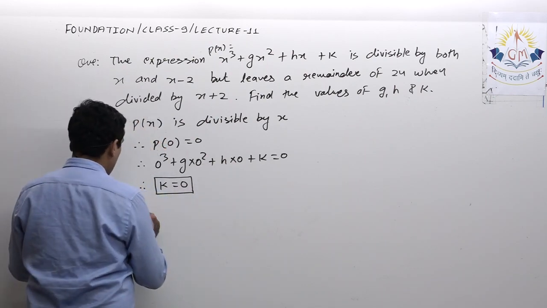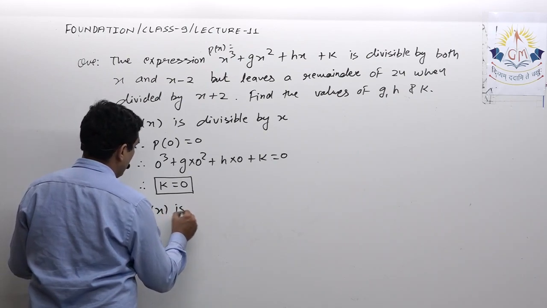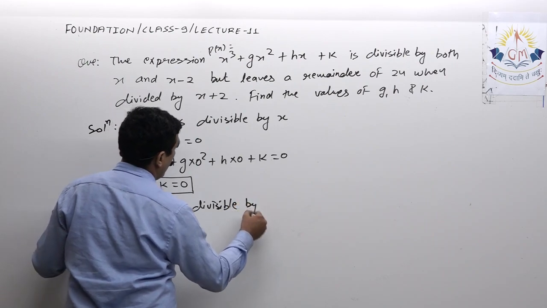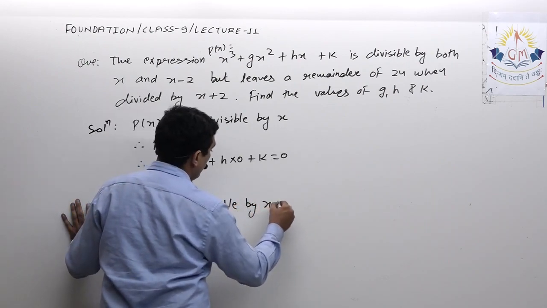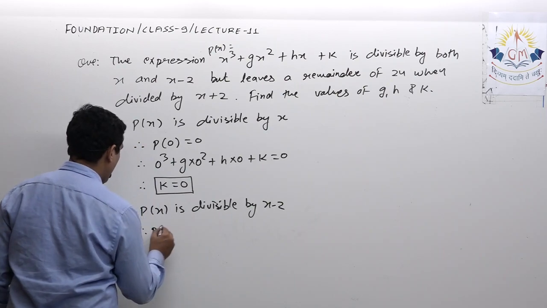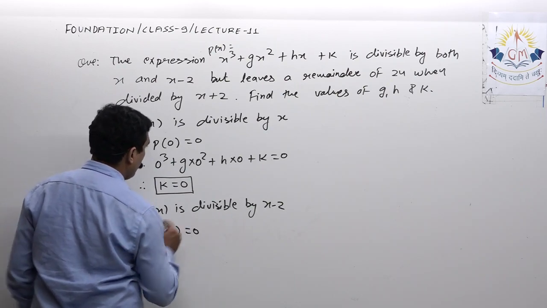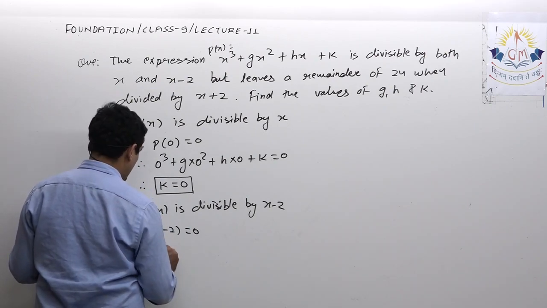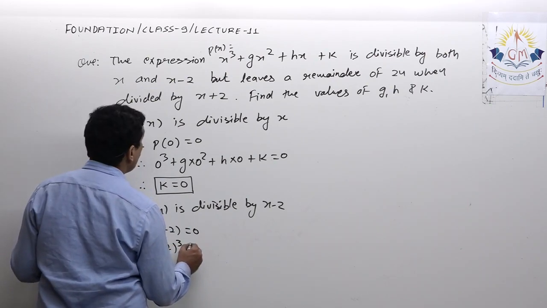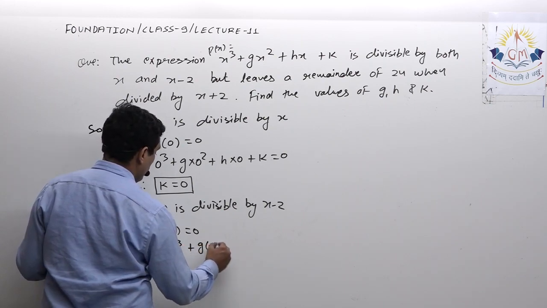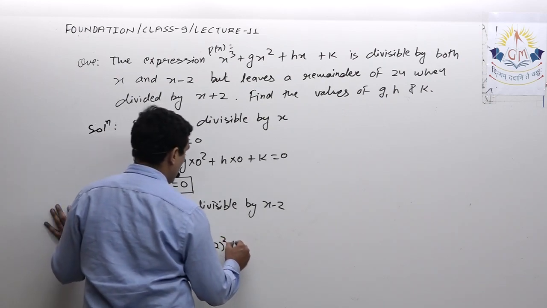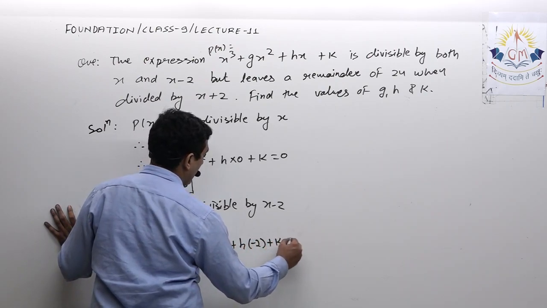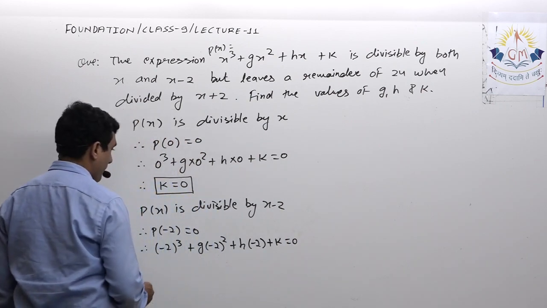Okay, now second, p(x) is divisible by x minus 2. Therefore p of minus 2 equal to 0. Therefore minus 2 cube plus g into minus 2 square plus h into minus 2 plus k is equal to 0.